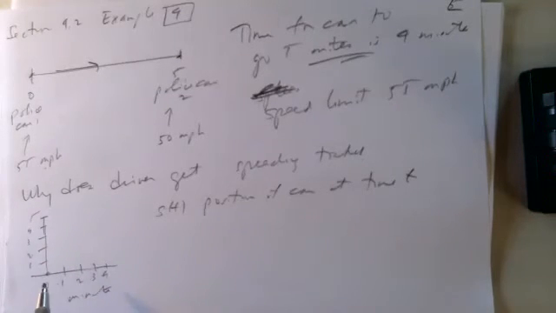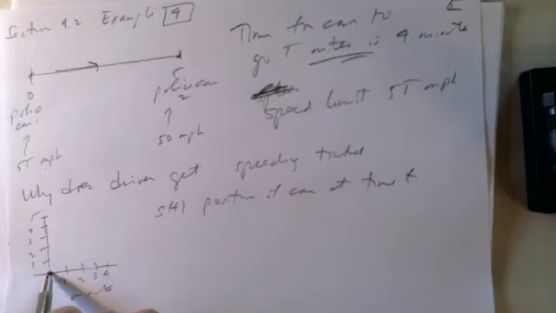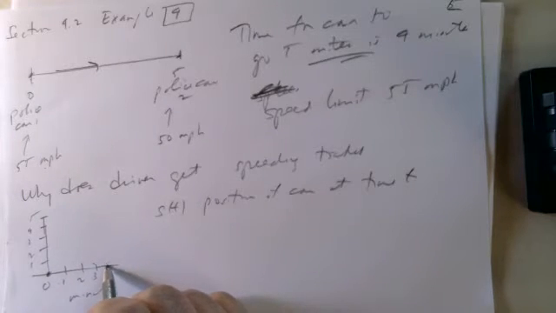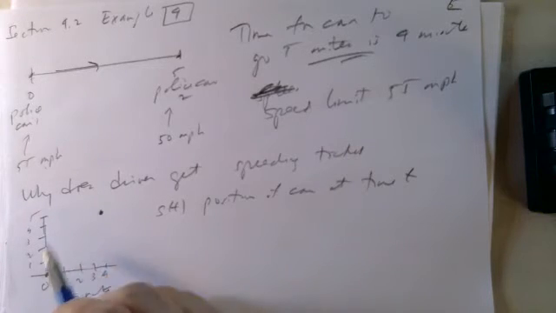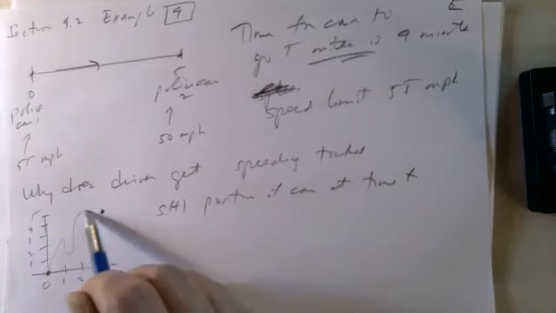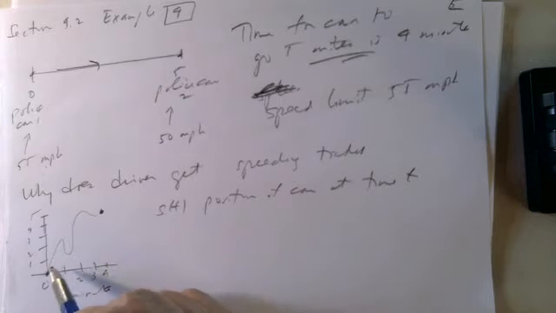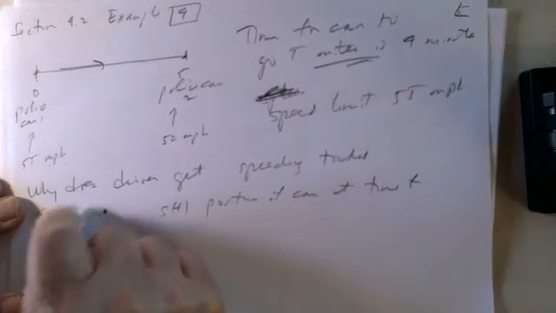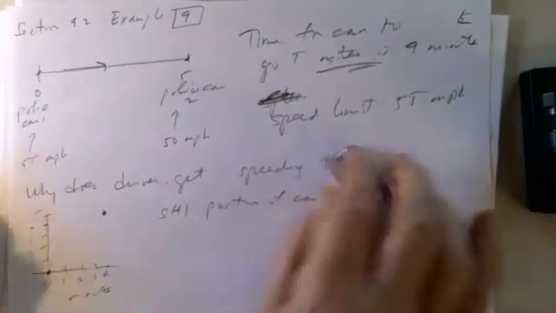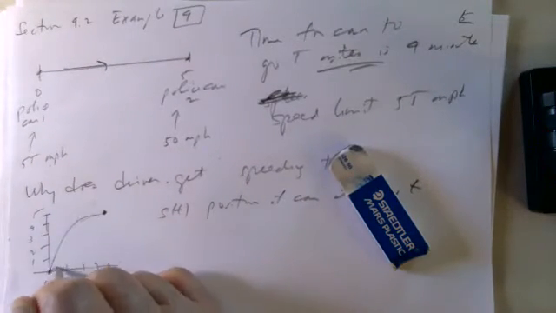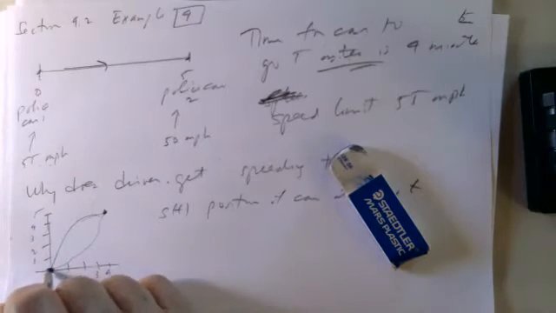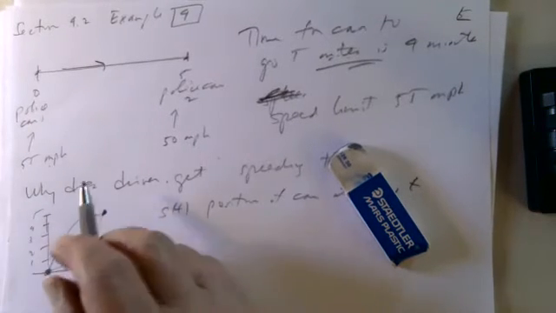And what we know is at time 0, he's at the first police car. At time 4, 4 minutes later, he's at the second police car. He's moving along the highway, so this is certainly increasing. We don't know what his position is as a function of time, but we know this is the starting point and this is the ending point.